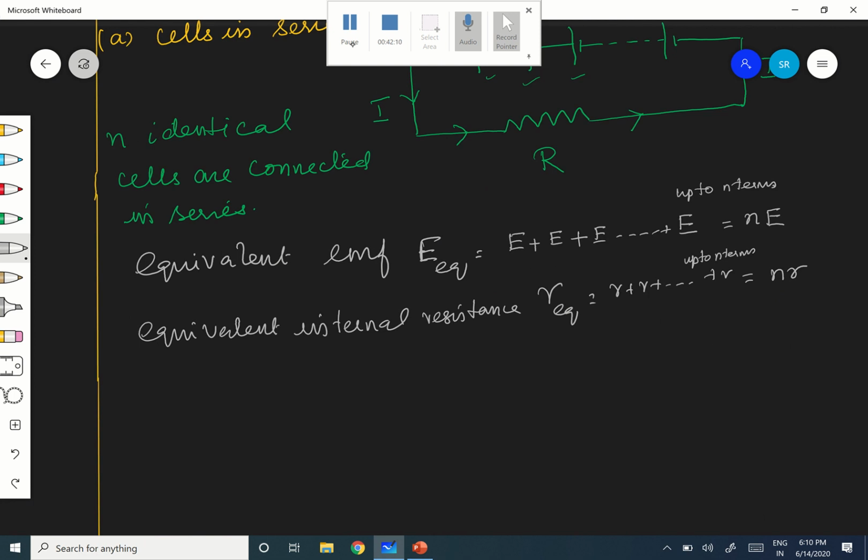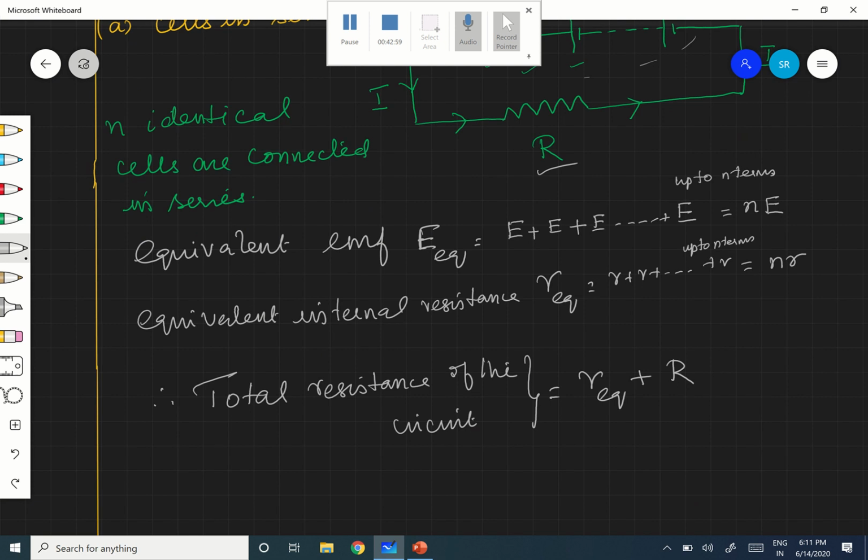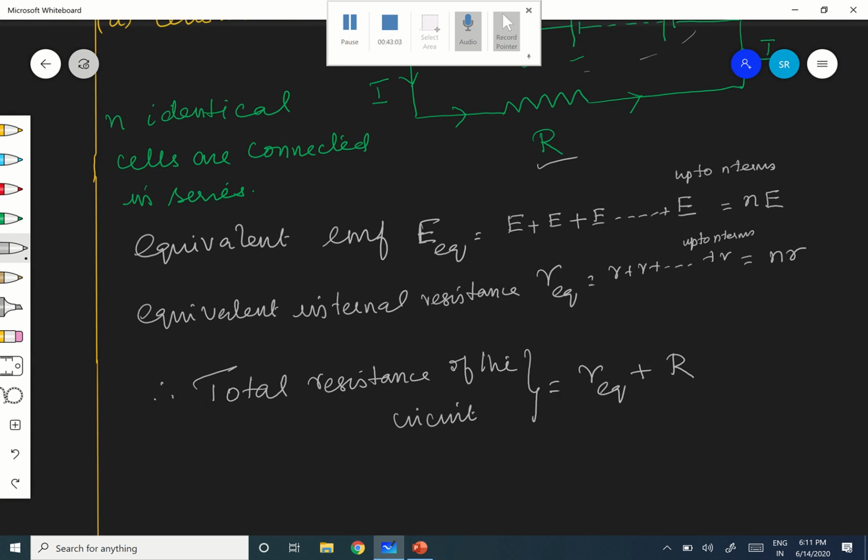Therefore, what is the total resistance of the circuit? I want the expression. The total resistance of the circuit is the equivalent internal resistance plus the external resistance R, since it is connected in series.